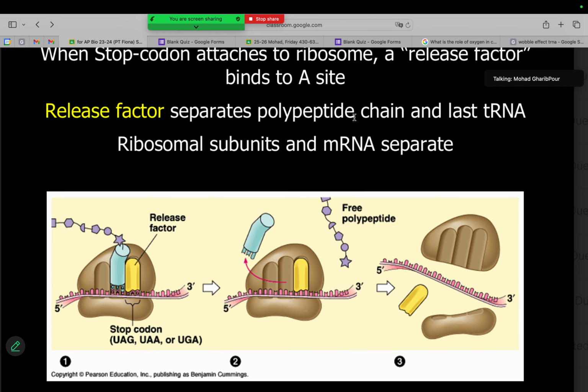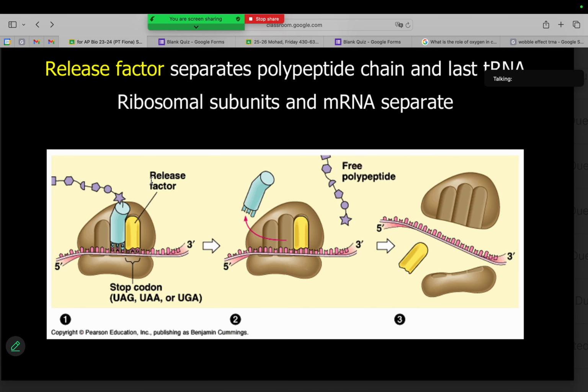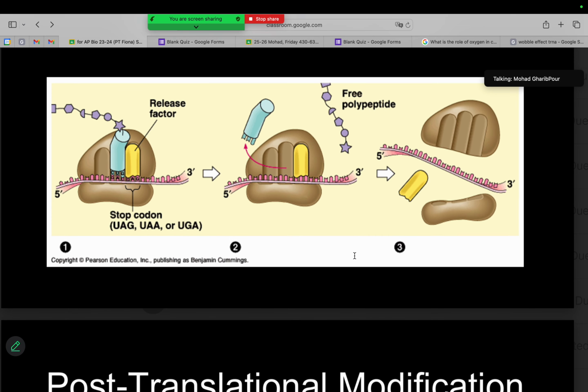Release factor separates the polypeptide chain. And the last tRNA, ribosome subunits, and mRNA separate. So over here, the release factor binds, allows this tRNA to separate from the polypeptide chain. Once it's separated, this thing enters the E site, exits, the polypeptide chain is released, and this whole thing disintegrates.